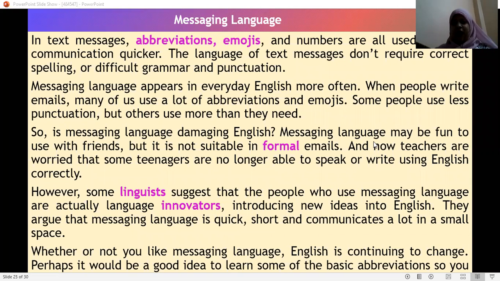Of course, it's very hard to perform a full seminar. I'd like just to have the idea from one teacher, please. Just one speaker. Are you for or against messaging language?